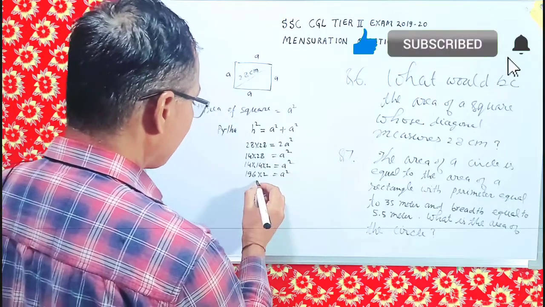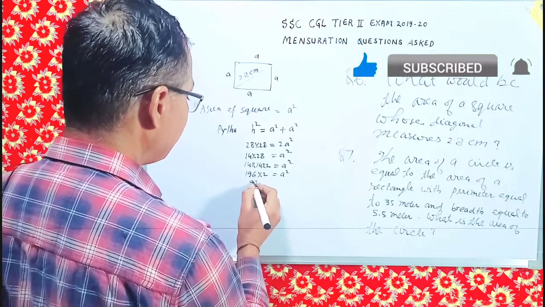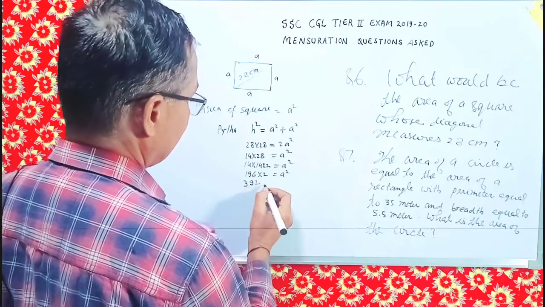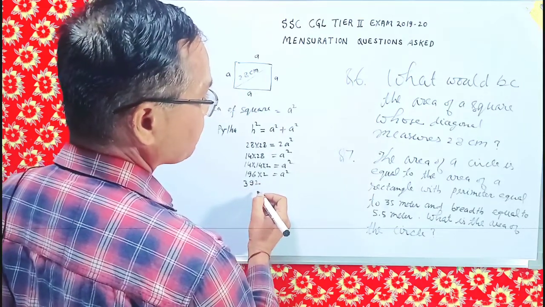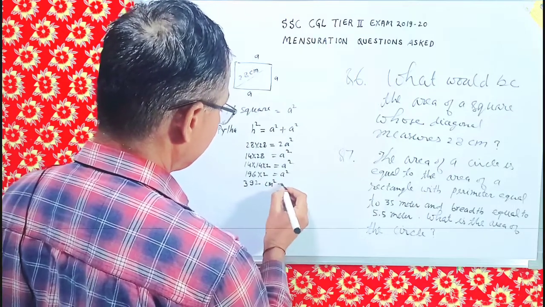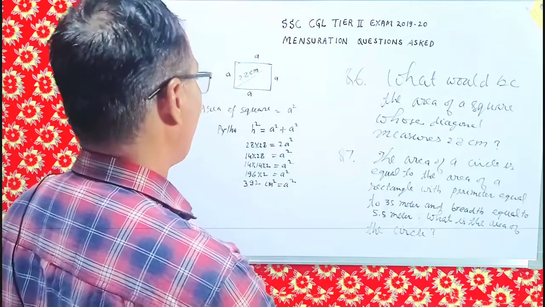So 2 sixes are 12, carry 1, 2 nines are 18, plus 1 is 19, carry 1, 2 ones are 2, plus 1 is 3. 392 square centimeter is the area of the square.